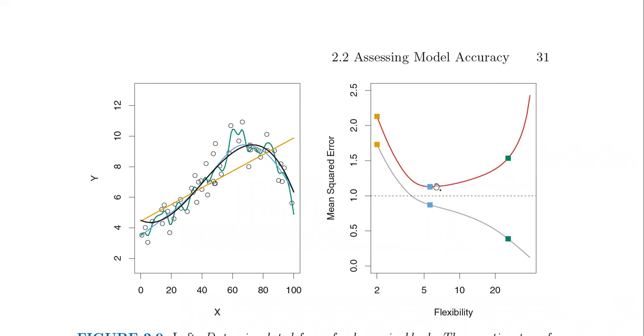Whereas the blue is kind of that sweet spot where it's flexible, but it's not trusting the raw data. It's trying not to go too far and reflect every single detail of the raw data.